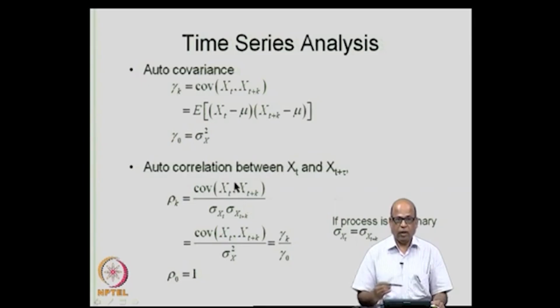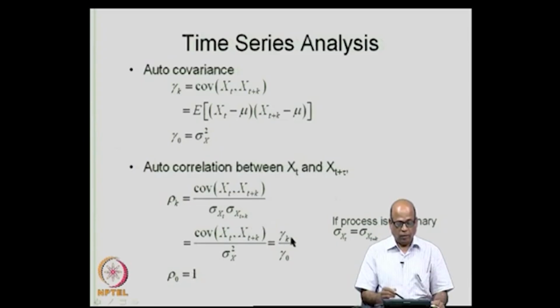And for a series which is stationary in mean and variance, sigma x t is the same as sigma x t plus k, and therefore, we write this as gamma k by gamma naught, because sigma x square, which is a variance, is nothing but gamma naught, as you can see here.